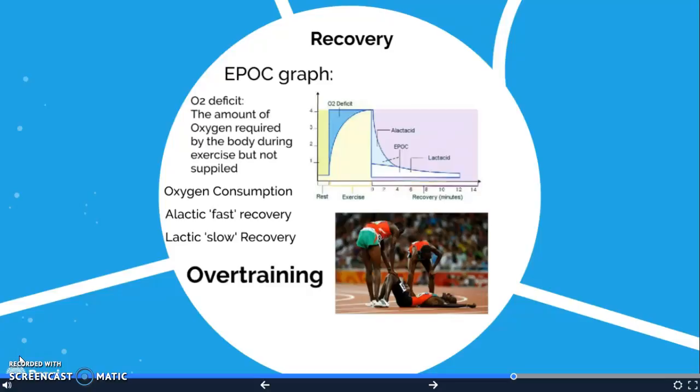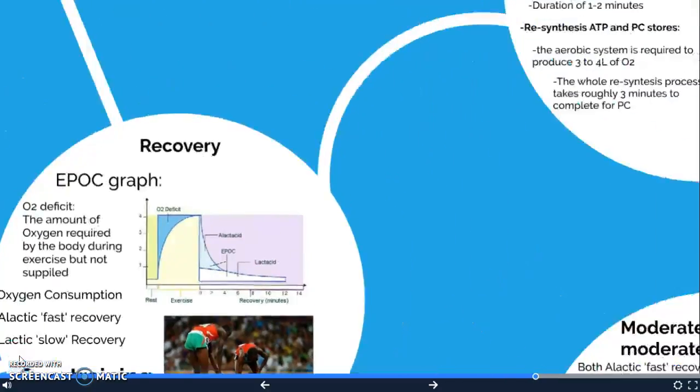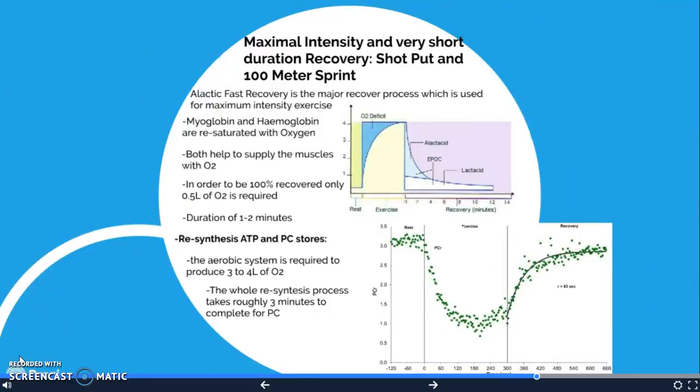We'll also be looking at overtraining, as this is a massive part of why some people become fatigued. Firstly, looking at the recovery of a maximal intensity and very short duration athlete, such as the shot putter and the 100-meter sprinter that we looked at earlier.